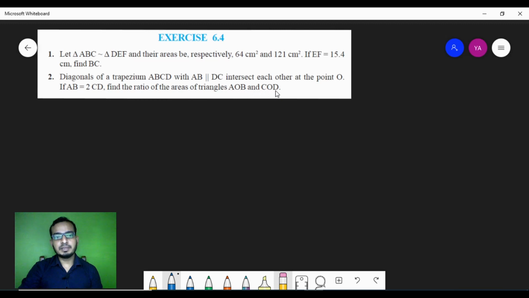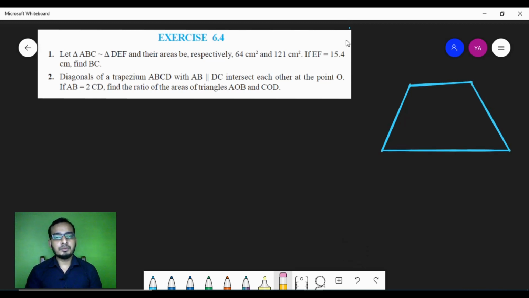There is no figure given, but we can draw some figure according to the given statements. So how will the figure look? A rough figure is enough. One trapezium ABCD with AB parallel to CD. So the figure will be almost like this: one trapezium.